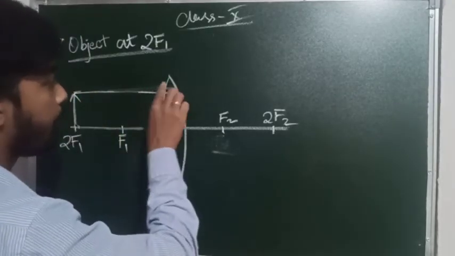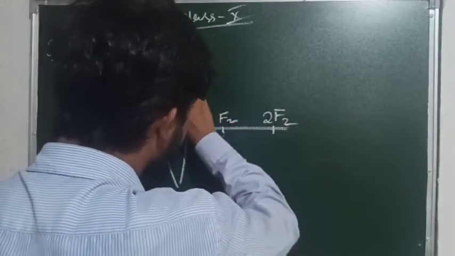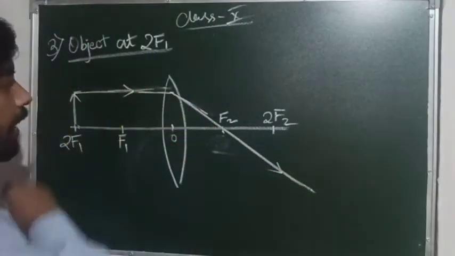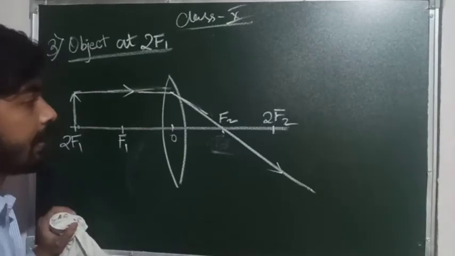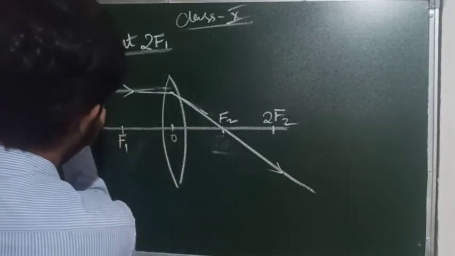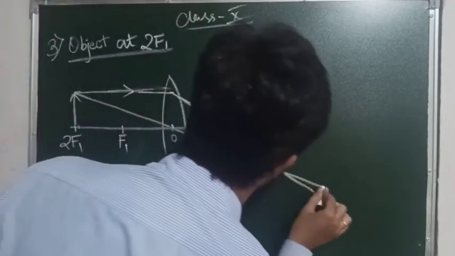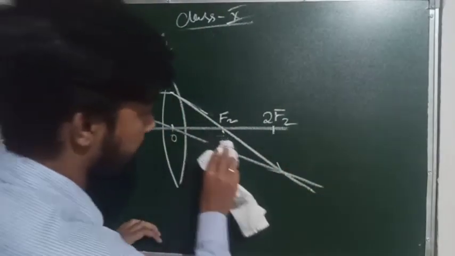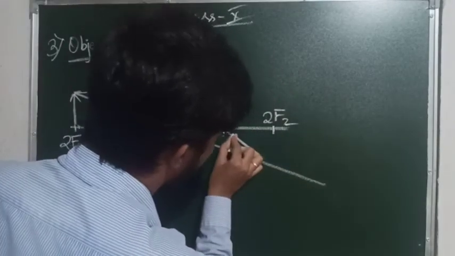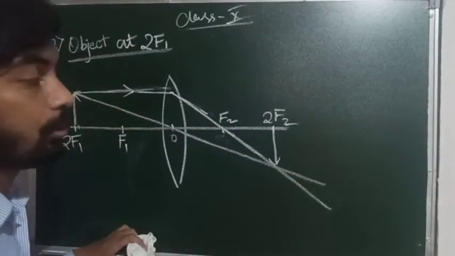Then it will refract through f2. The arrowheads are important. Next ray will pass through optical center, which will go straight. It's not looking like straight. So the image forms at this point, at 2f2.